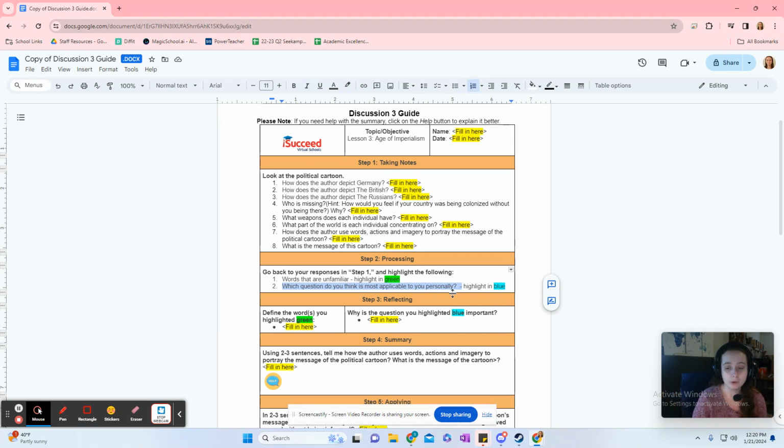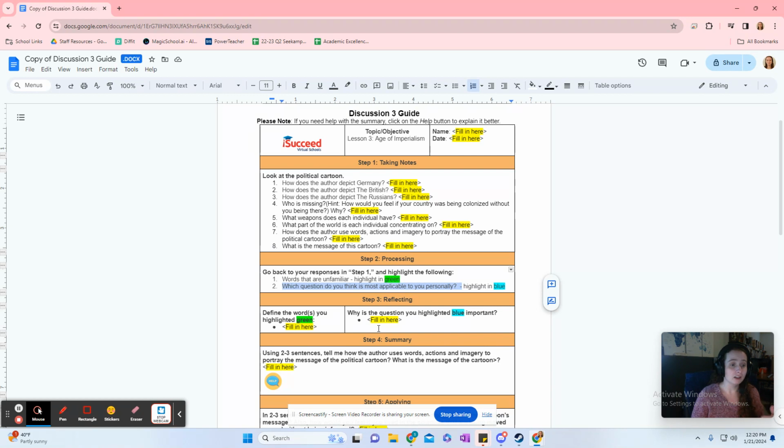So, highlight a question that you can relate to personally, right? Maybe something like, what is the message of this cartoon? You can relate to that because you've seen political cartoons. A lot of times today, political cartoons come in the form of memes. That is a form of a political cartoon.